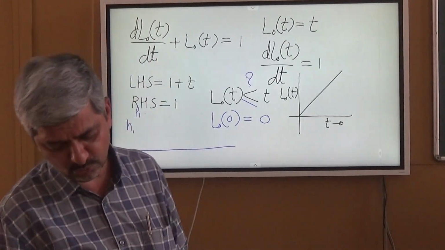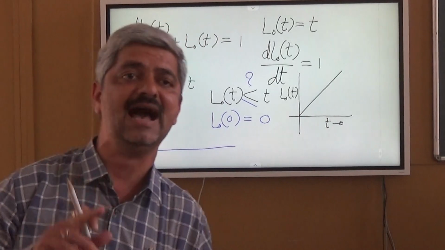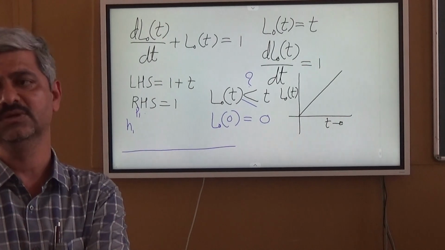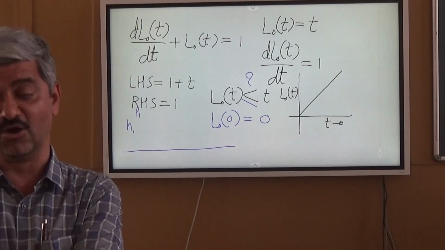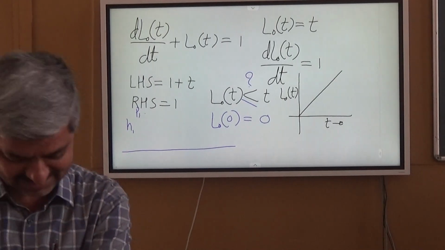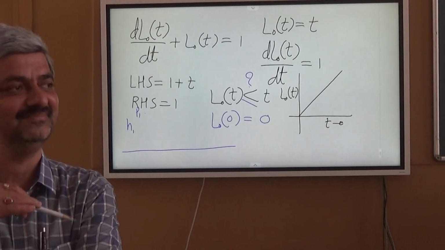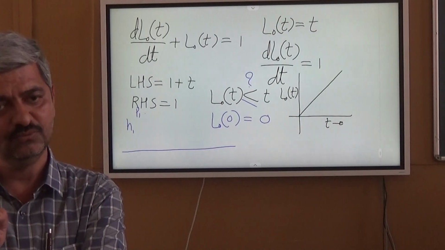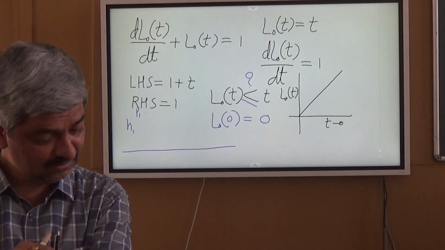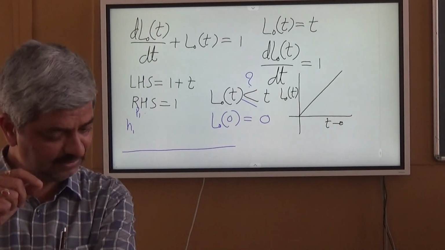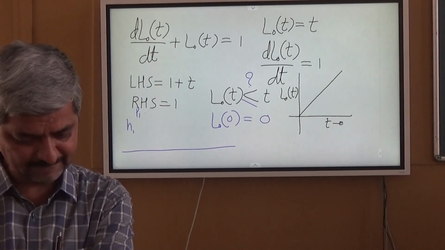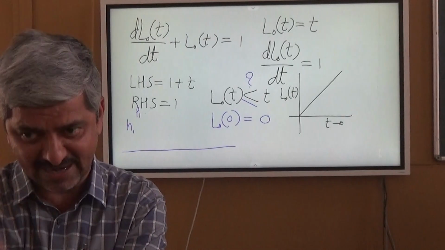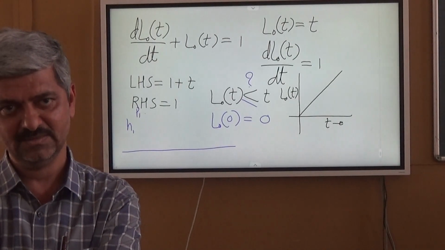The claim is, if you choose any other point P2, you cannot choose a point P2 of the same height. There is a point P1 of height h1 given, then if you choose a point P2, it will not be of the same height h1.